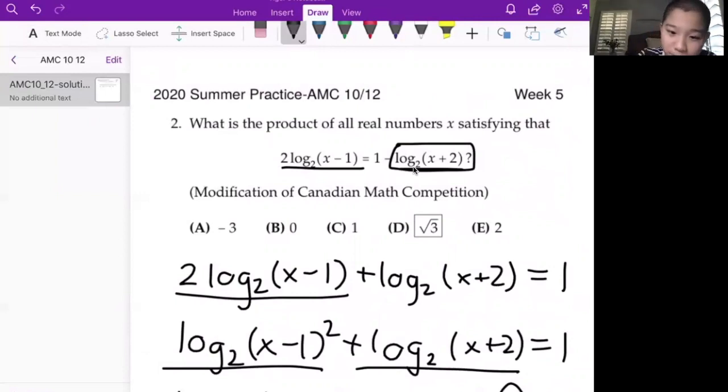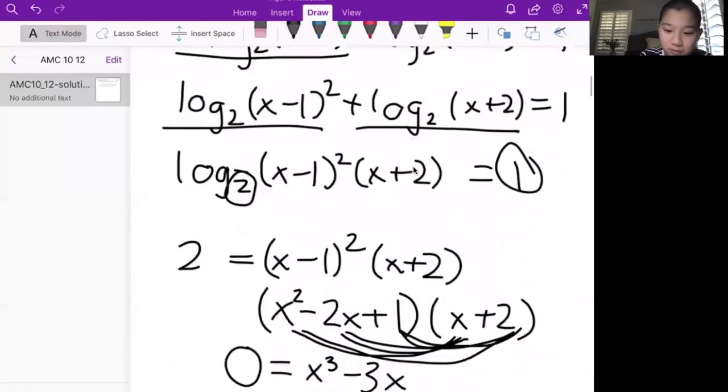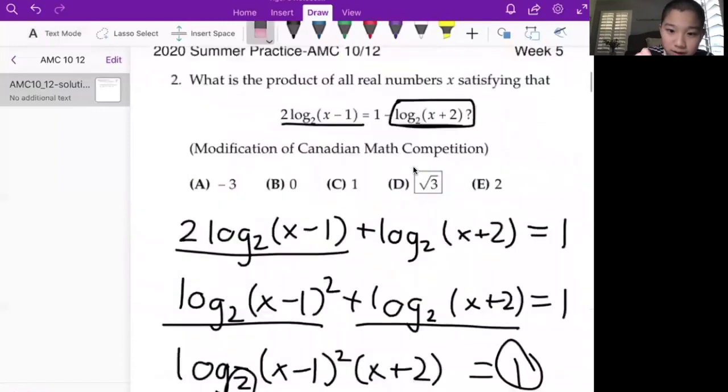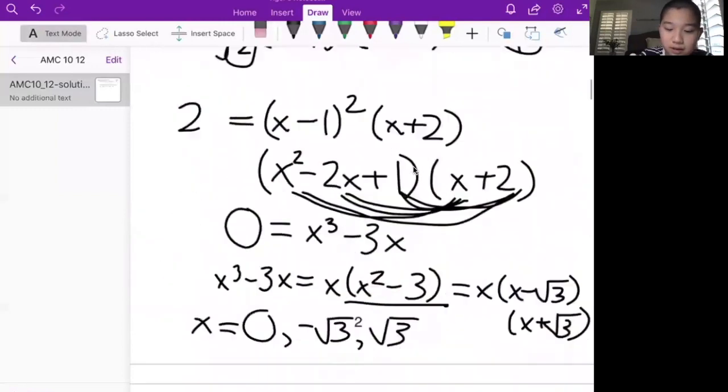Why? Let's try 0. 2 log base 2 of 0 minus 1, that's negative 1. Wait a minute, this isn't defined. So we should get rid of that. 0 is not a root.